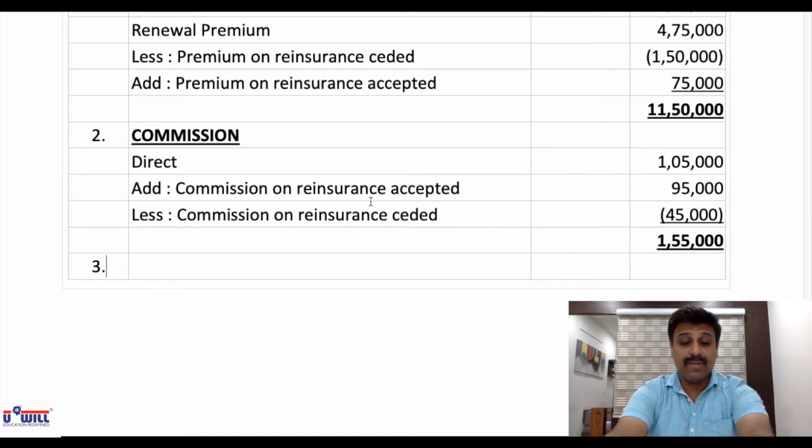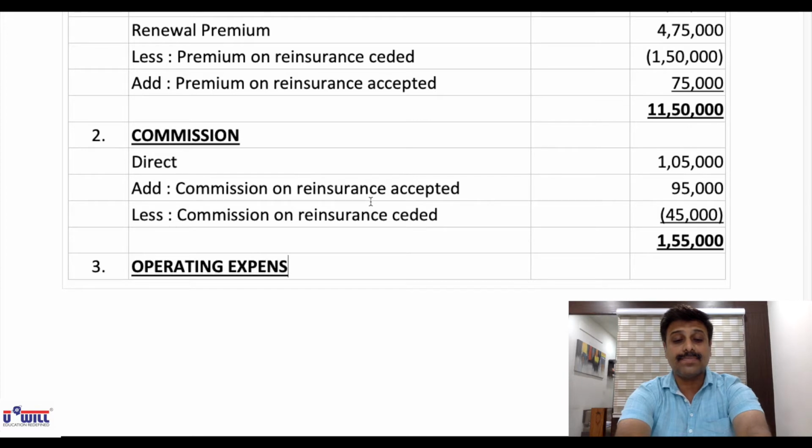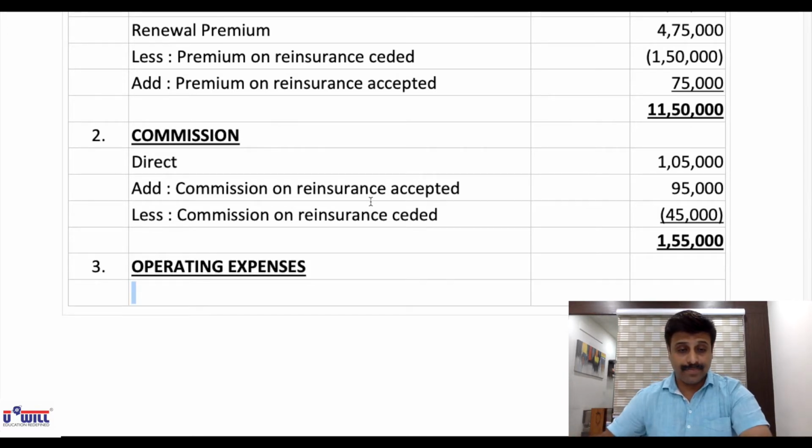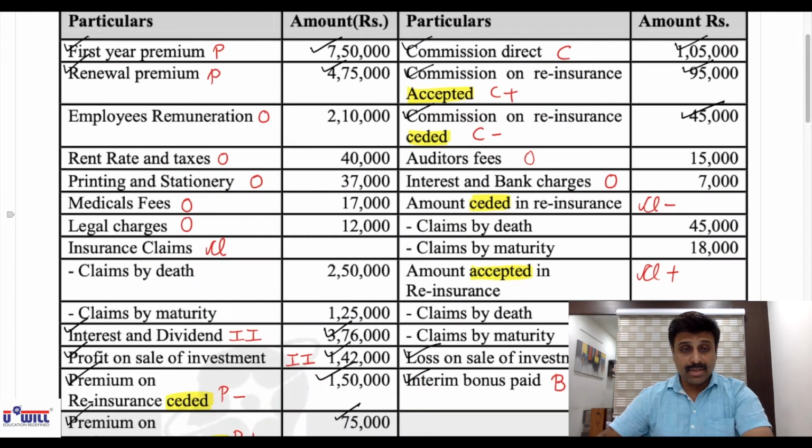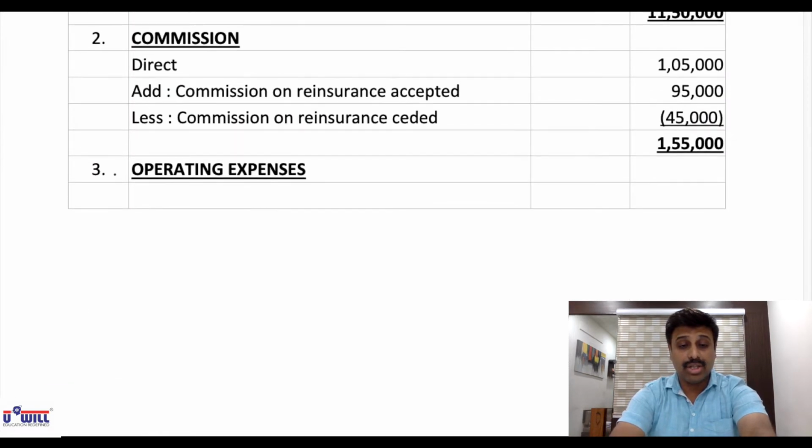Now third schedule what we have to make after commission is of operating expenses. All the items marked as O will be taken into consideration. Look at all the items marked as O one by one. Employees remuneration 2,10,000. So all of you write down employees remuneration 2,10,000.